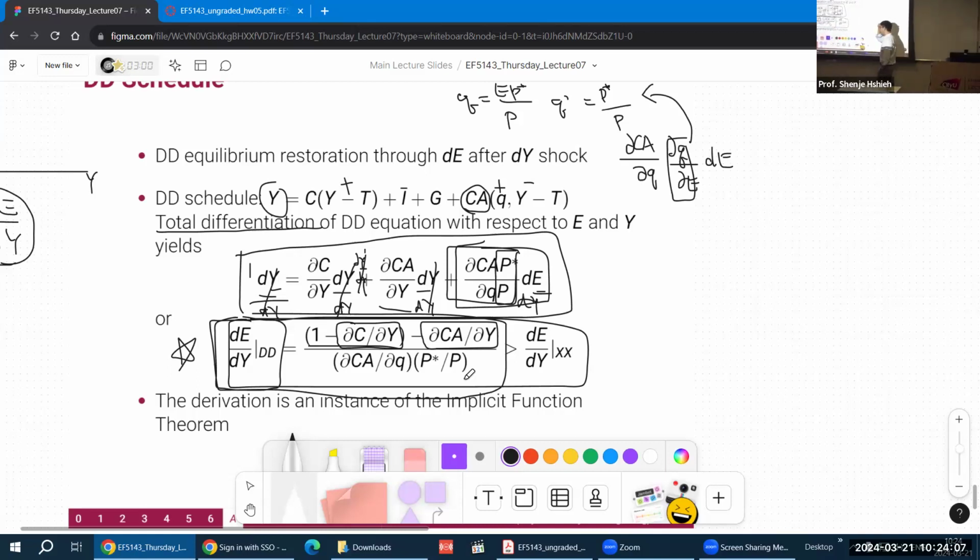But there's also one other effect going on here, right? This is the savings effect. So 1 minus the incomplete transmission of income to consumption. This number is less than 1, so 1 minus something less than 1 is going to be positive. So a positive plus a positive number means E has to move even more, beyond the import effect.